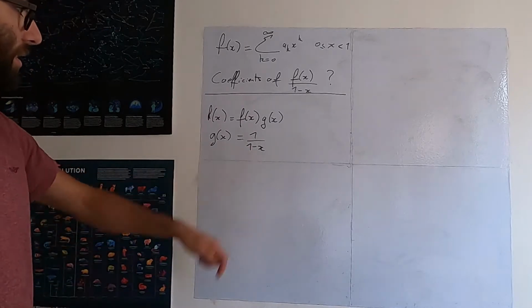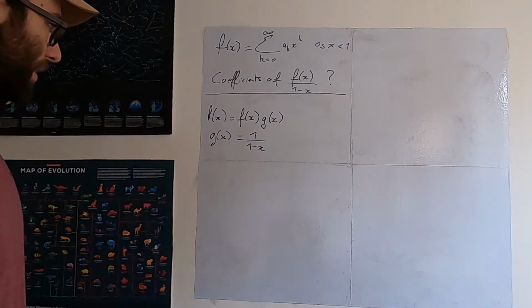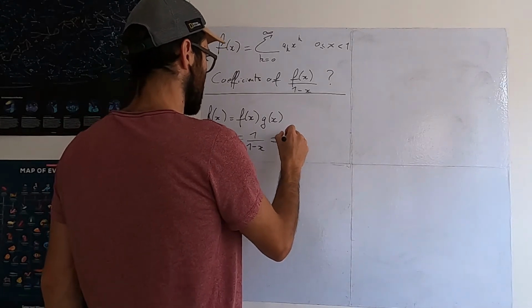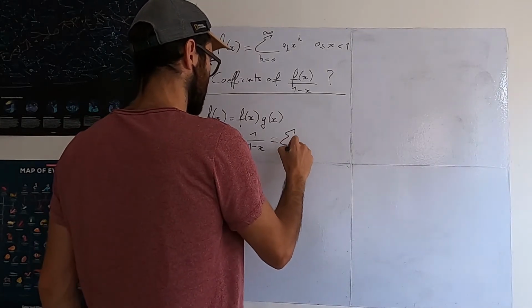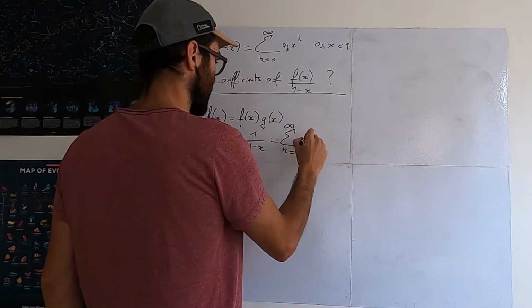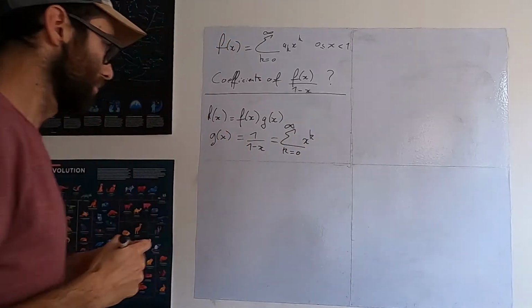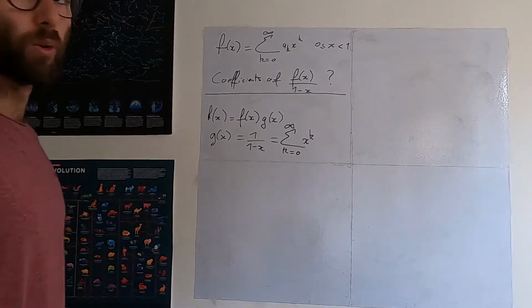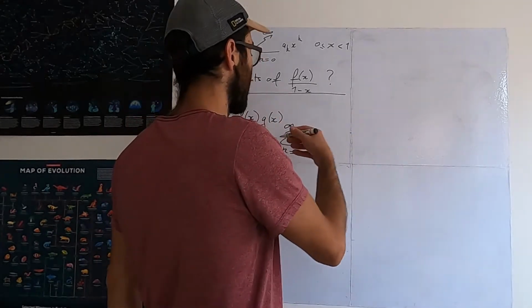And there is a very common expansion of this as a sum of an infinite series, which is the following: the sum from k equals 0 to infinity of x^k.